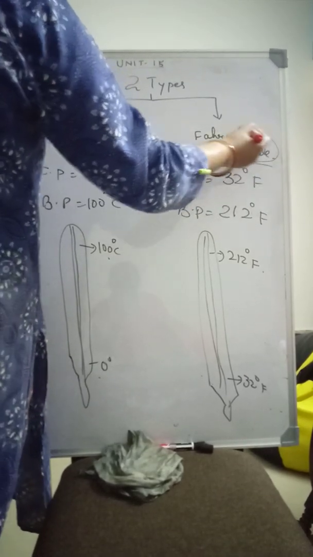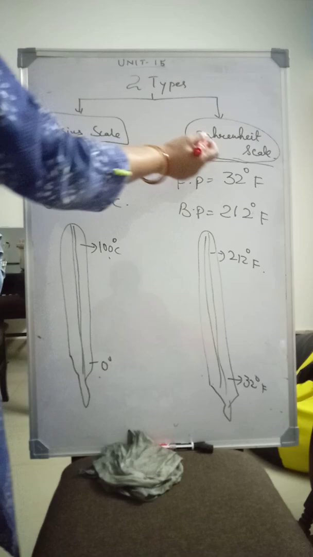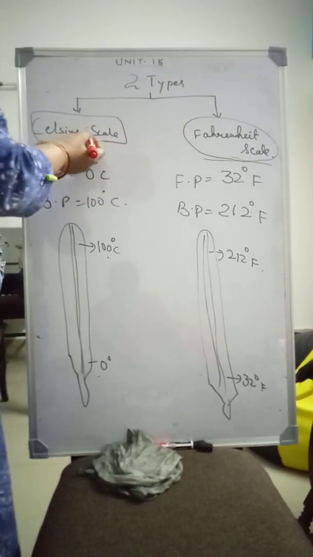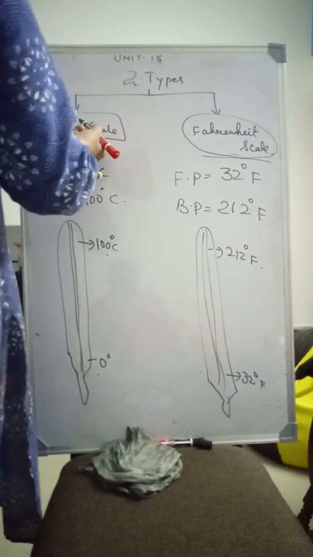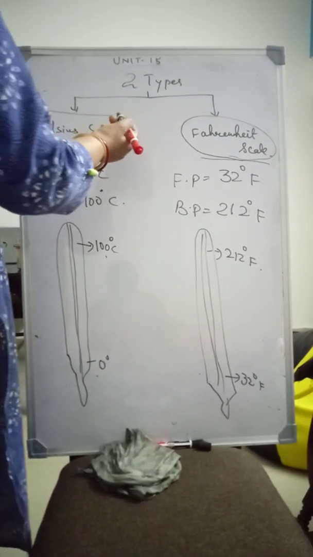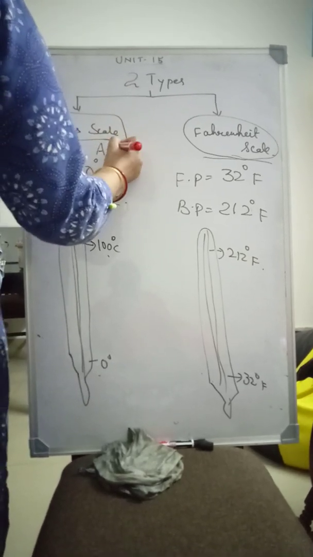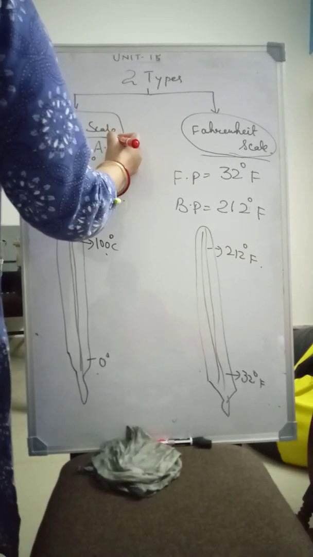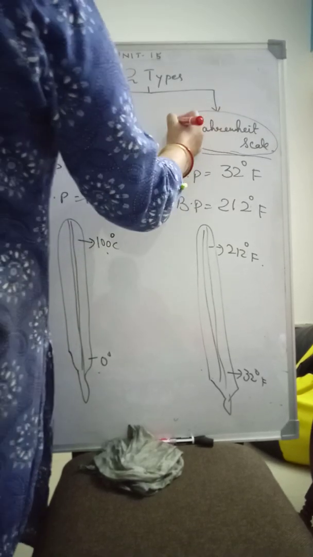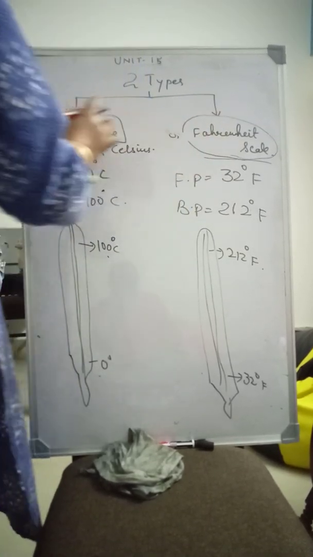The Celsius scale is named after A. Celsius and the Fahrenheit scale is named after G. Fahrenheit.